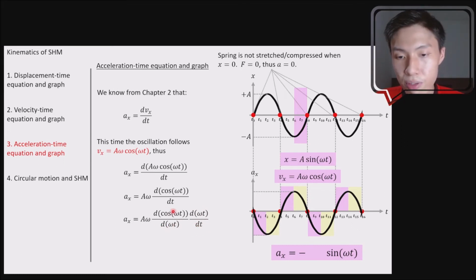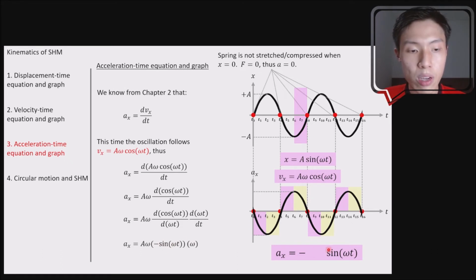So if you differentiate cos, it will become negative sine. So what happens here will be negative sine, and what happens at the last block of differentiation will be omega. And now if you rearrange it, you see that if you put sine omega t at the back and negative in front, what you should put in the middle over here should be A omega squared, because it's omega times omega.